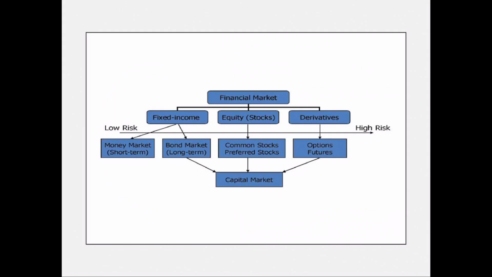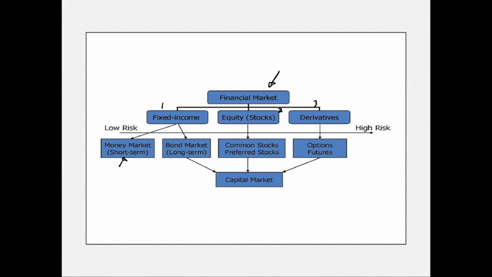Just looking at an overview of what we're discussing here, securities are traded in the financial markets. Financial markets can be broken down into three main types of asset classes: fixed income, equity, and derivatives. Fixed income has both your short-term fixed income securities, which are called your money market securities, and those are your lowest risk in terms of these asset classes.